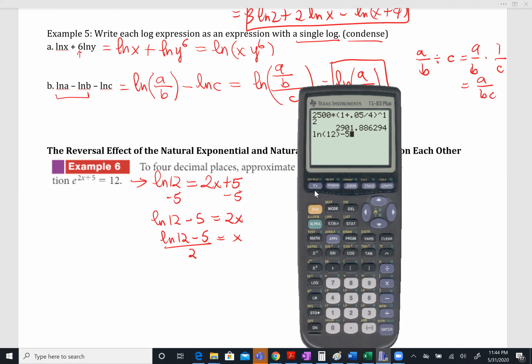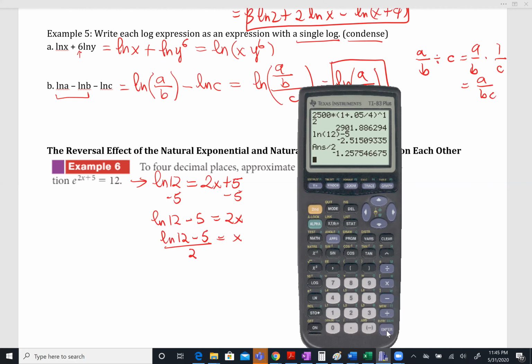Okay, so this is the top. If you write it where it says divide by 2, that is wrong. So you have to press enter, and you get negative 2.515. Then you divide it by 2 now. So then it's going to be equal to negative 1.257.